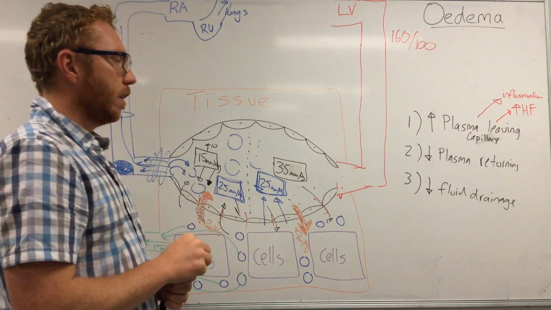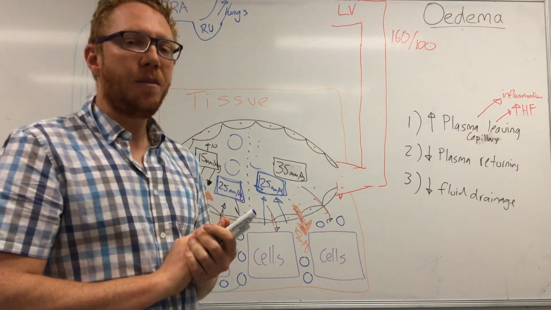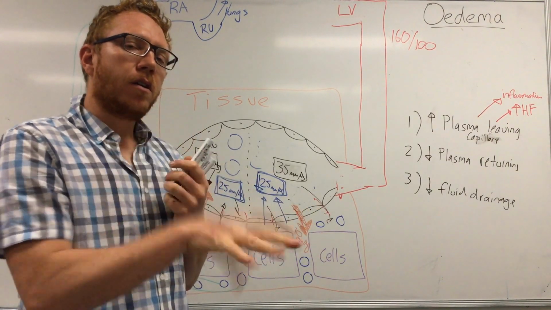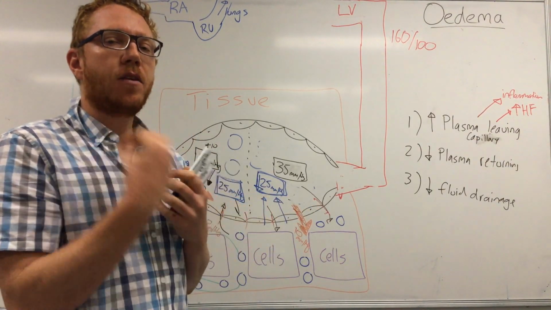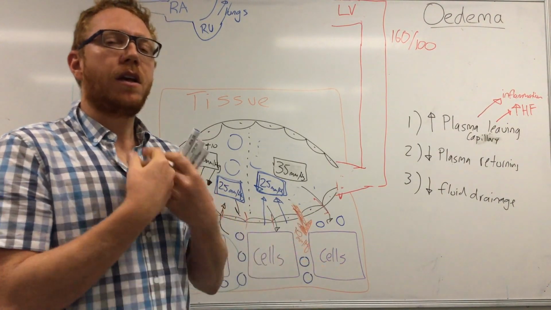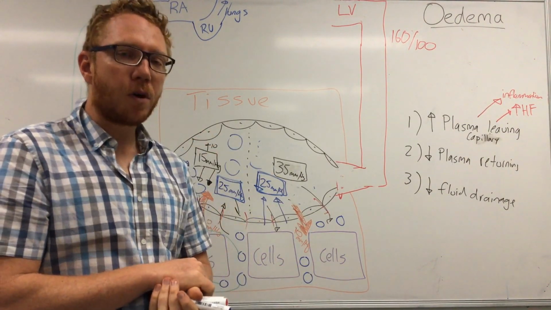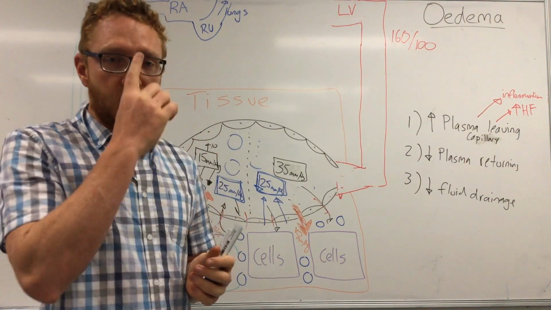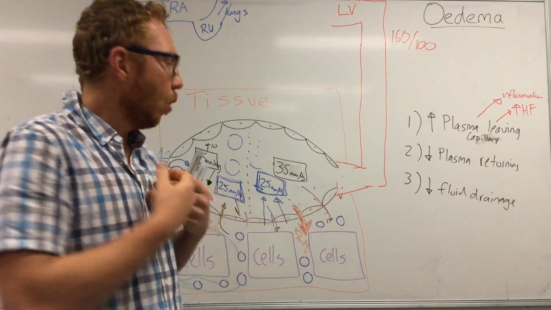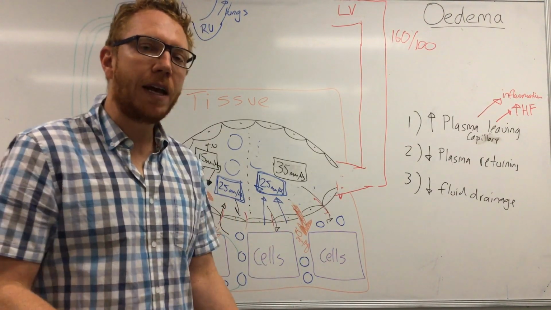What are some examples that could cause that? Well, if you have problems with your kidney, your glomerulus generally only lets out plasma and all the things dissolved in it. It doesn't let through red blood cells, white blood cells, or plasma proteins. But if your glomerulus becomes leaky, all these plasma proteins get passed through your urine and you pee them out.